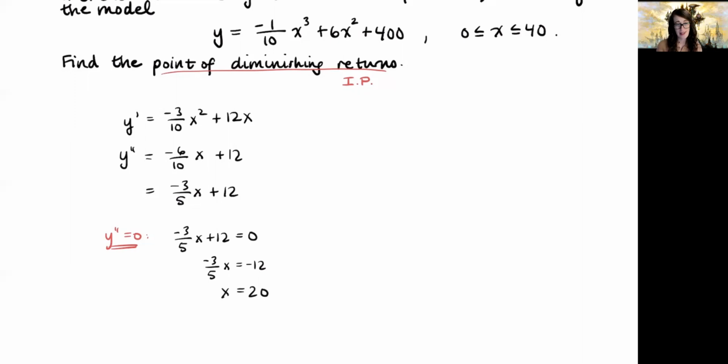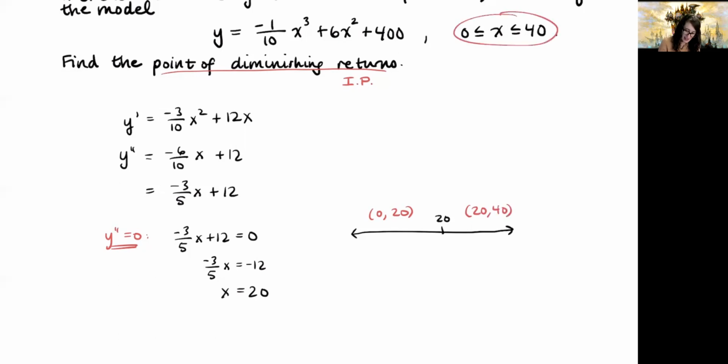Okay, so we do need to make sure though that the sign of the second derivative changes at 20, because otherwise it's not going to be an inflection point. This is only good between 0 and 40, so we'll say 0 to 20 and then 20 to 40, just because of this up here.